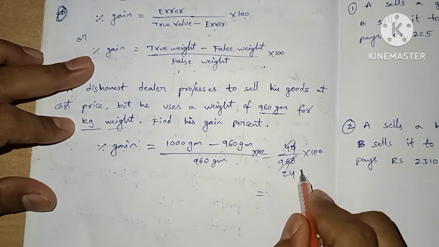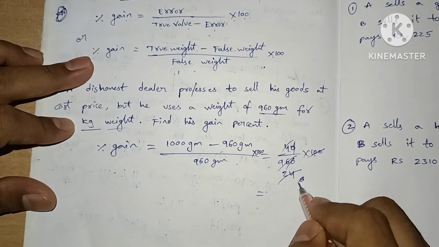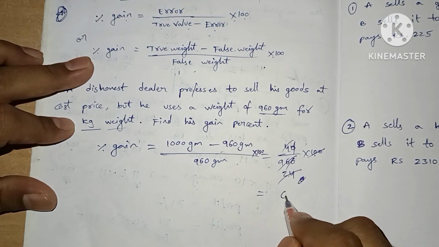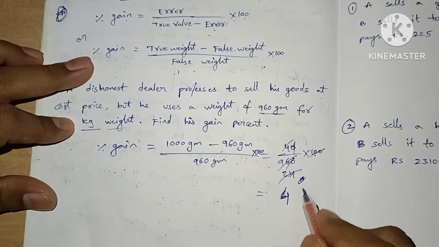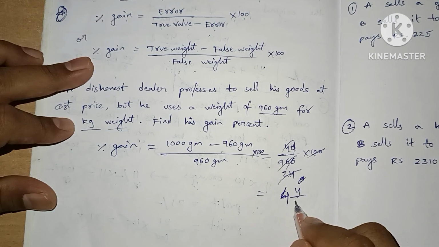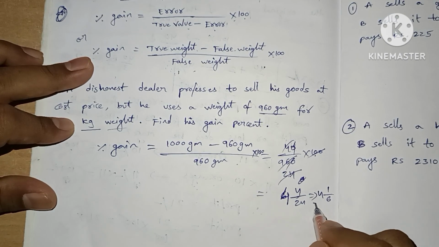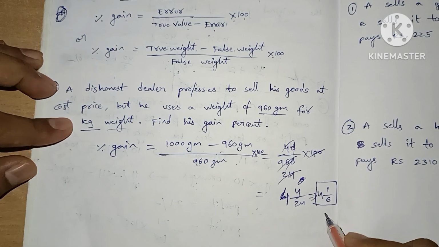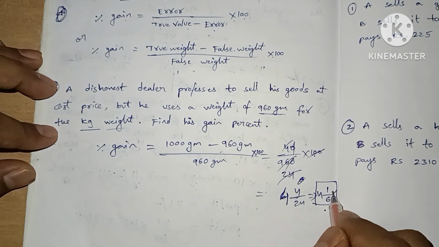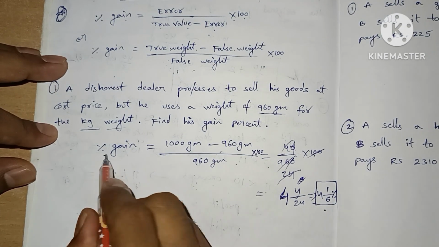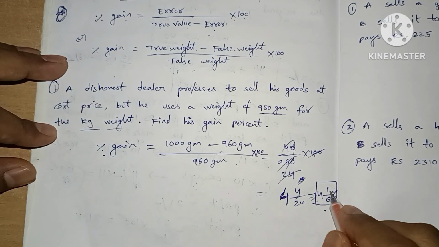Okay, 24 6 times. 24 4 times is 96 and 4 by 24, which is 4 1 by 6 is our answer, and this is a percentage. So total percentage gain we got is 4 1/6 percentage.